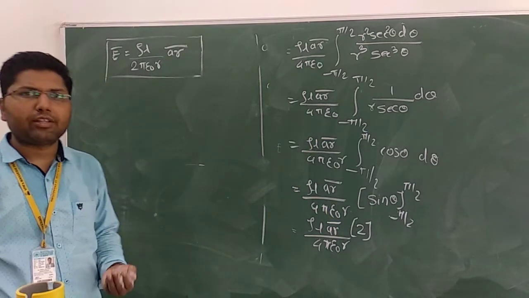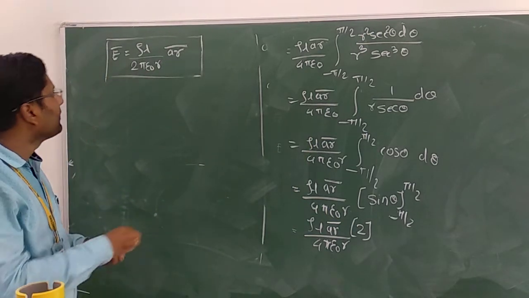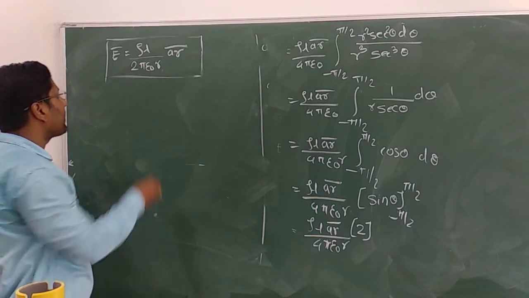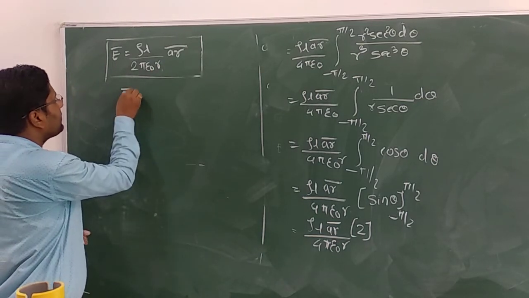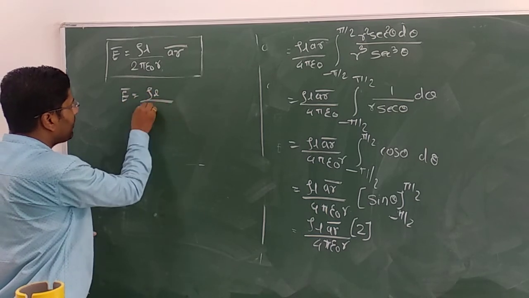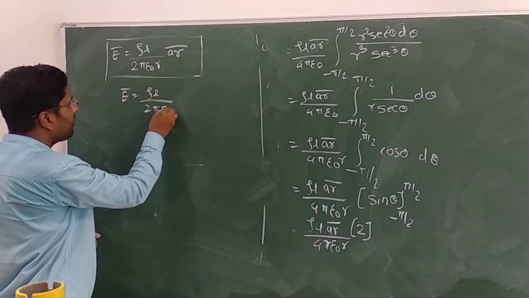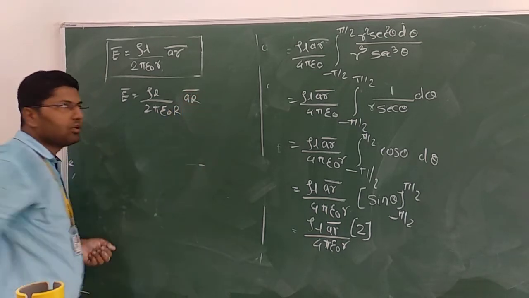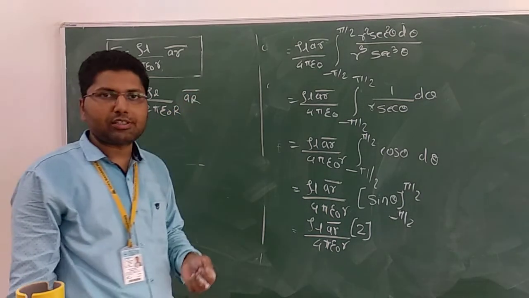Now, for generalized purpose, this r will be capital R, I am writing. E bar is equal to rho L divided by 2 pi epsilon 0 R AR bar. Okay, where do you have to use this?